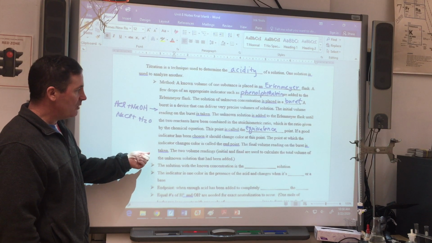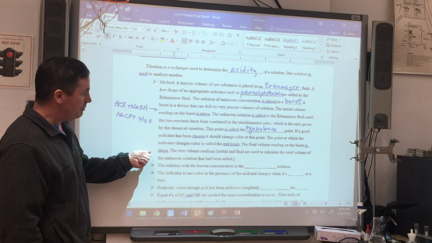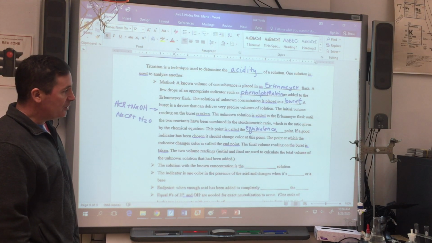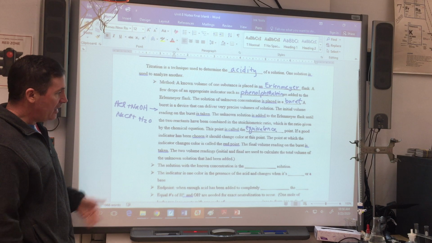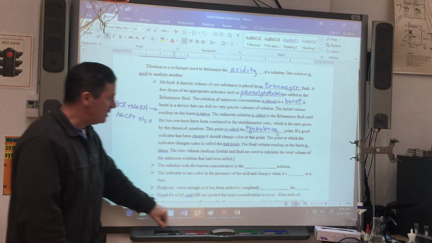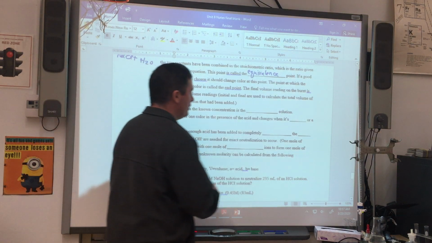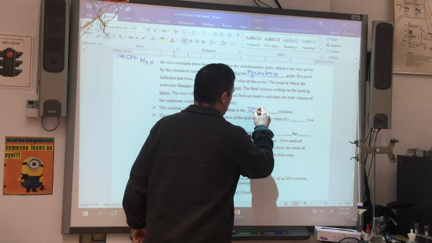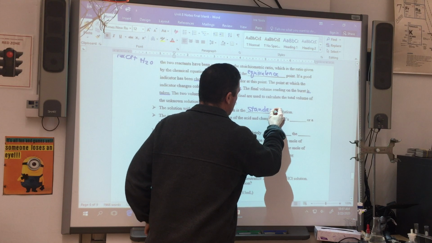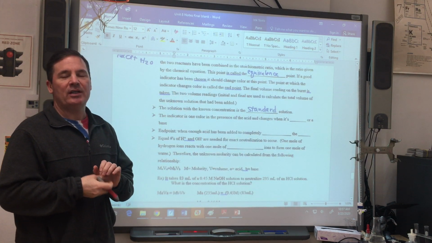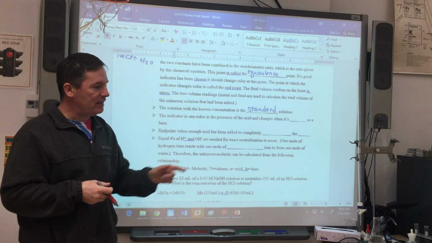In other substances, it might be different. But for this, the equivalence and the end point are the same. The final volume reading on the burette is taken. You find how much you've added, and then you can figure out what the acidity is. The solution with the known concentration is called the standard solution. So that means I've got to know exactly what the molarity of the base is that I'm adding to the acid.